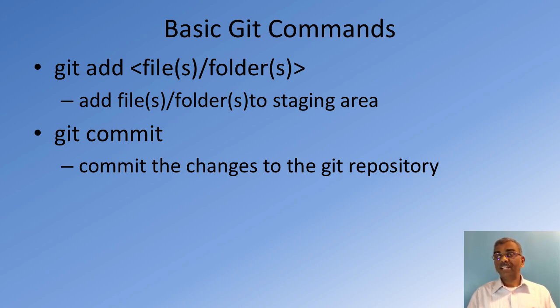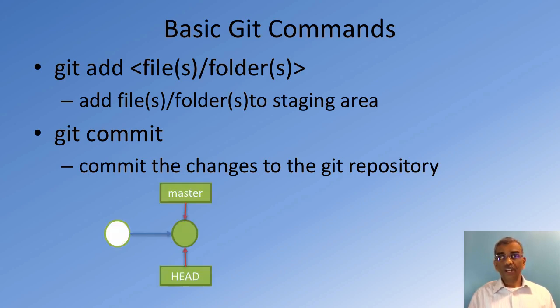All the files as they exist at that moment, once they have been staged using git add, will be committed to our Git repository when we execute the git commit command. At this point, when we execute git commit, our initial state will now be changed to the first commit to the Git repository. So let's go ahead and do that.